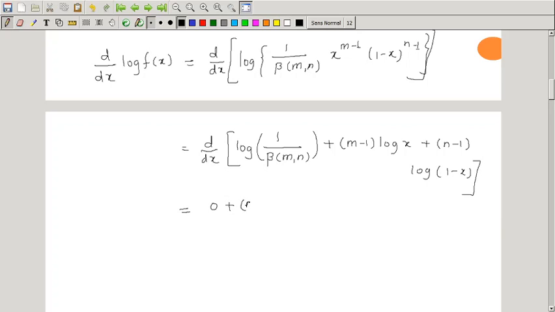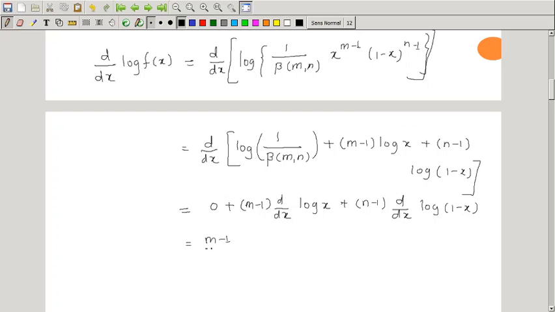Plus m minus 1 times the derivative of log of x, plus n minus 1 times d by dx log of 1 minus x. The derivative with respect to x of the log function is nothing but 1 upon x.